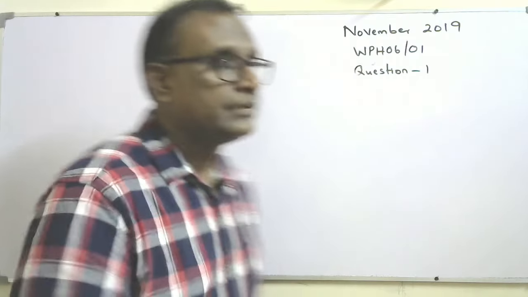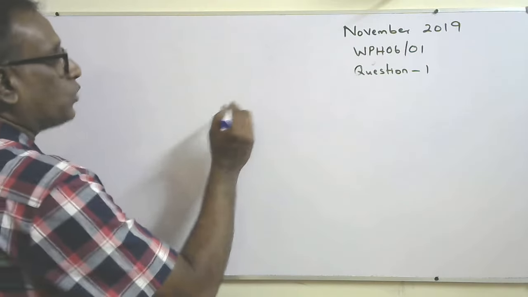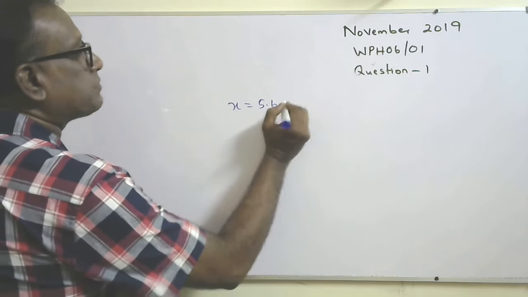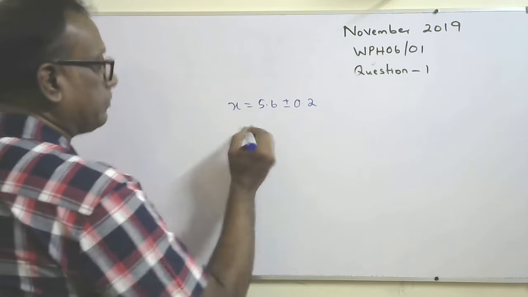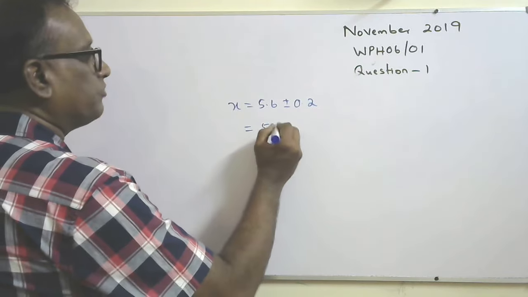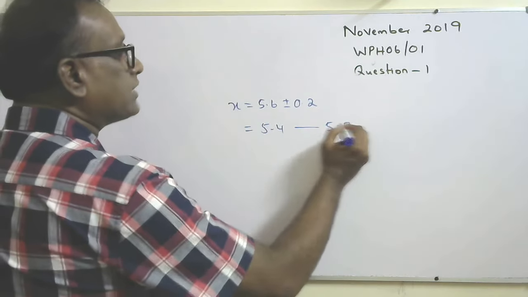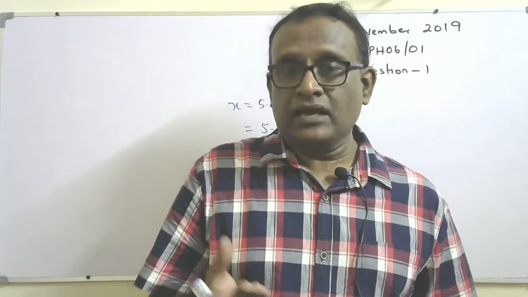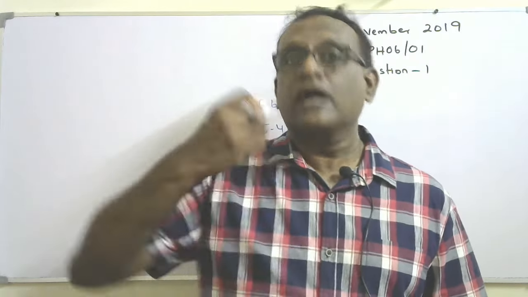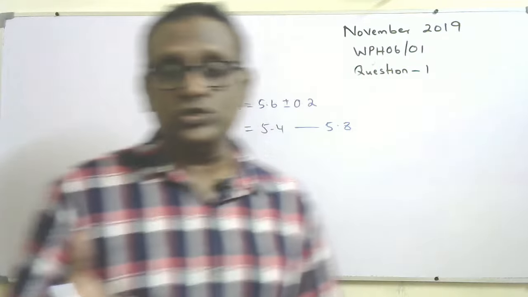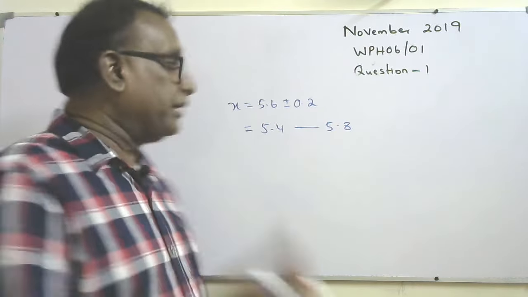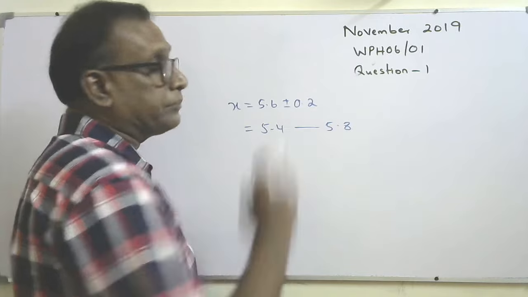So if I say something I am measuring, the measured quantity X is equal to, say for example, 5.6 plus or minus 0.2. That means the range is 5.4 to 5.8. So what's the meaning of it? According to the given instruments, I am unable to give a precise value, but only thing I can say, my experimental value is somewhere between 5.4 to 5.8.